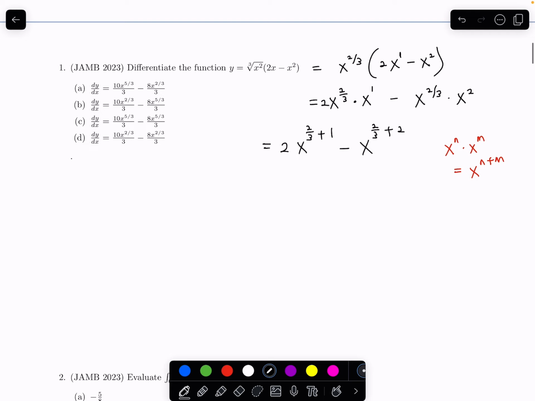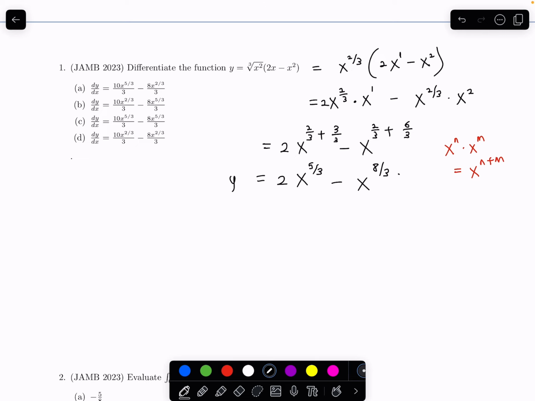To make this easy, I can rewrite the 1 as 3 over 3, and for this one, I can rewrite the 2 as 6 over 3. So this is just going to be 2x to the power of 5 over 3 minus x to the power of 8 over 3.